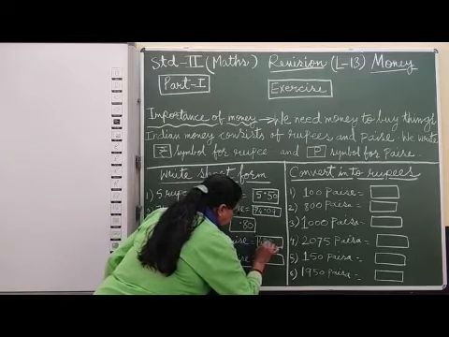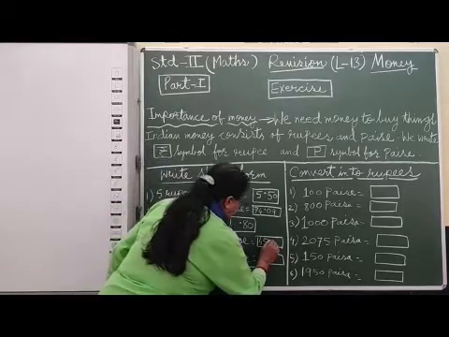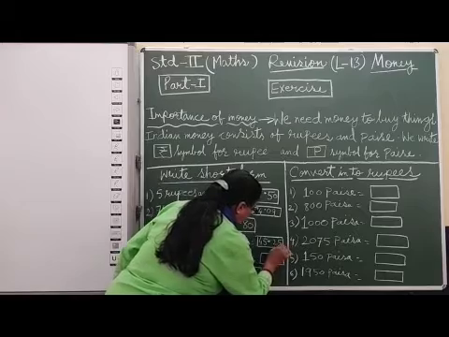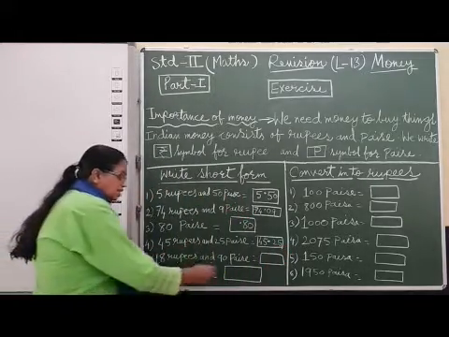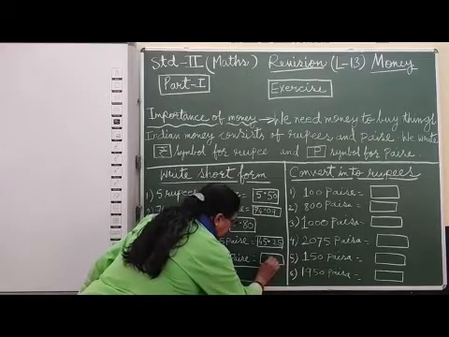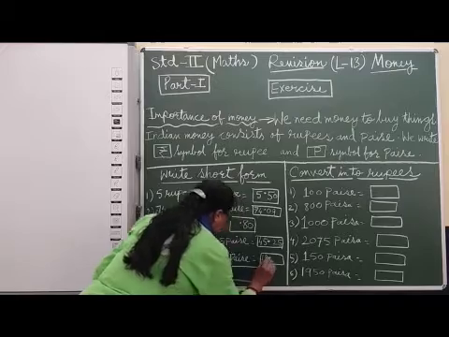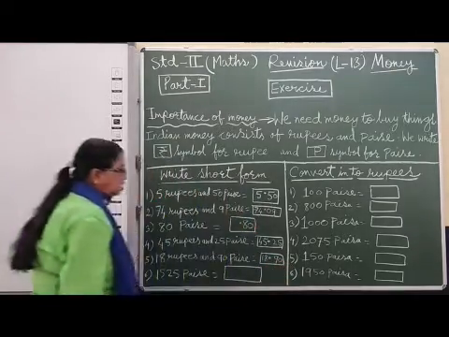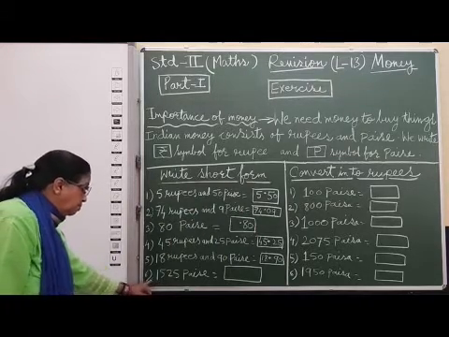And 25 paise, after this point, 25 paise. Clear? Now 18 rupees 90 paise, same way. Point, 18 rupees, and 90 paise will be after the point. 18 rupees 90 paise.